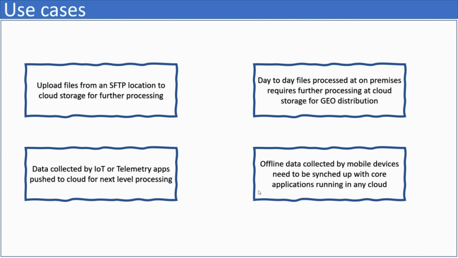Say, for example, in a real estate business, a potential employer can meet a customer offsite and collect real estate information using his mobile device, and he can sync up with the cloud storage as and when he gets internet connectivity, or after going through the information collected, sanitizing it, updating it with the correct detail, and then uploading the data offline. There you can go for this programmatic approach.